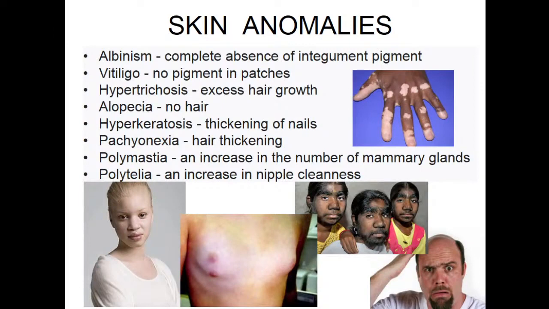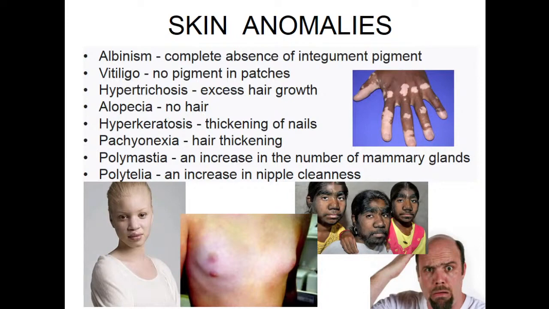And now in this slide you're going to see skin anomalies. First is albinism. This is a complete absence of pigments. This is a picture about albinism, down left.